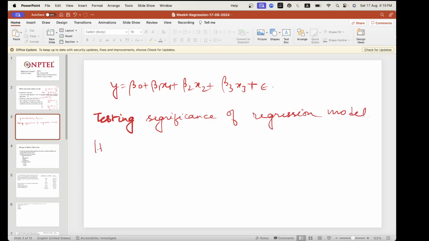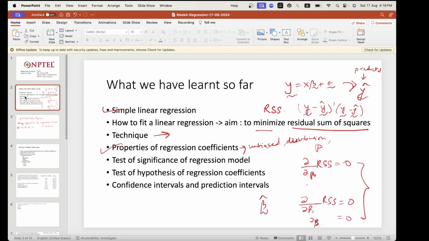For this, the H naught was that none of these are predictive. So essentially none of the predictors are of use, or together they are not explaining the response at all. So the H naught in that case was beta 1 equal to beta 2 equal to beta 3 equal to 0, versus H1 was not H naught. Okay, this was the null hypothesis for testing significance of the entire regression model.